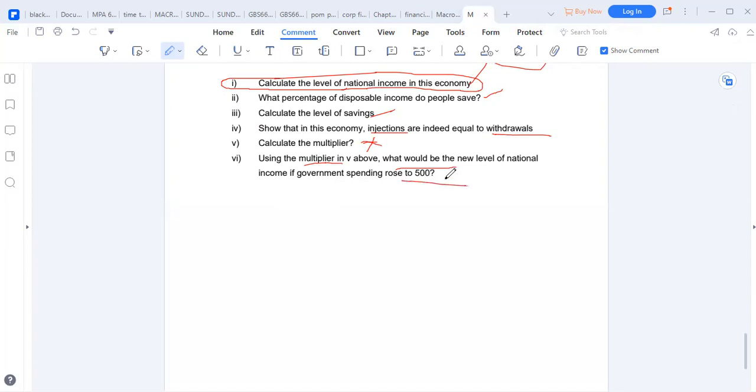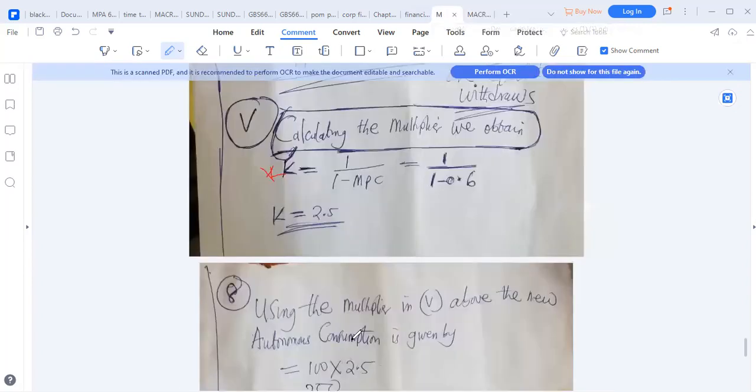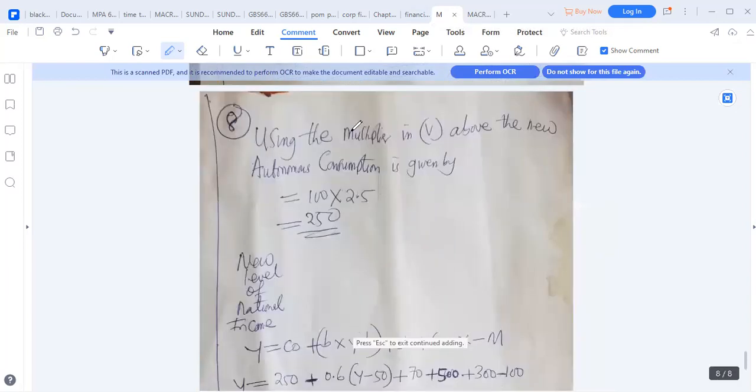Using the multiplier above, the new autonomous consumption comes to 250, because we are simply saying K, the multiplier which we have gotten, multiplied by autonomous consumption.